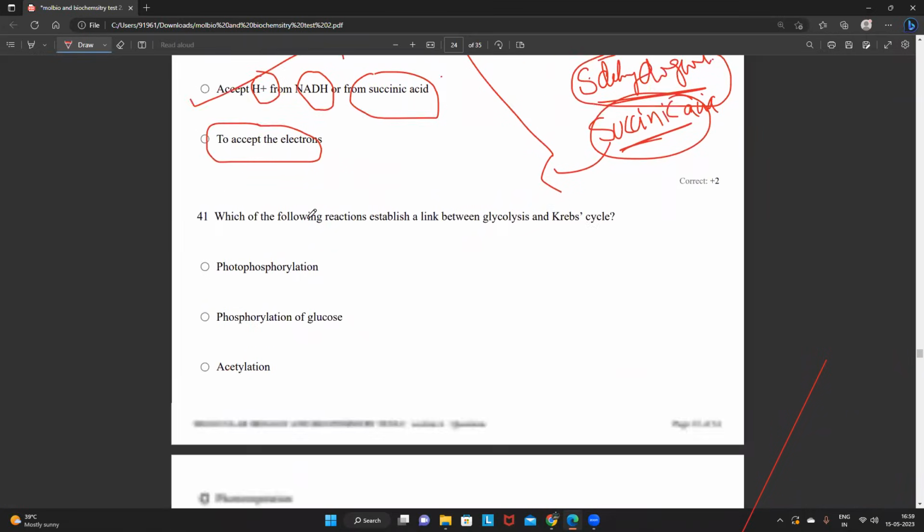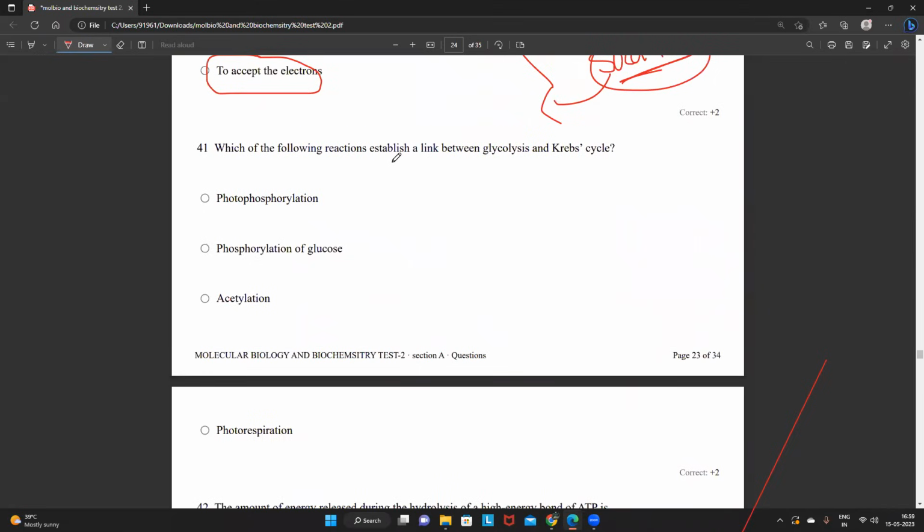Answer is C. Which of the following reactions establishes a link between glycolysis and the Krebs cycle? What is the answer for this? Everyone, what is the answer for this? Question number 41. So obviously what is it? Acetylation. See, we read, right. What is the link here?